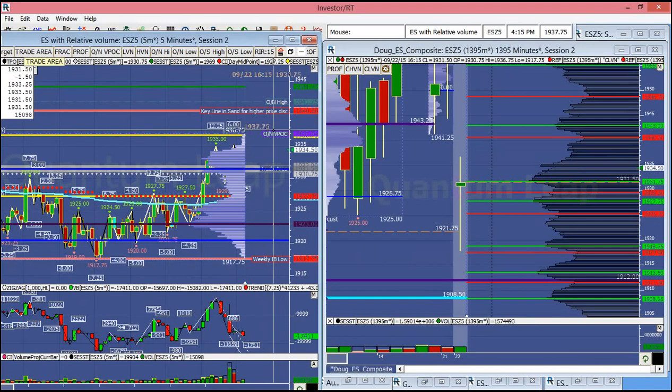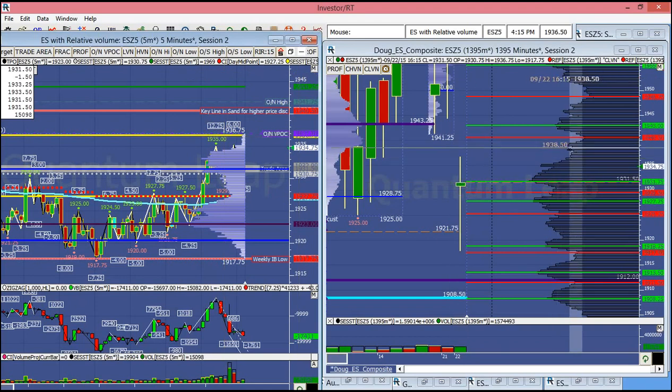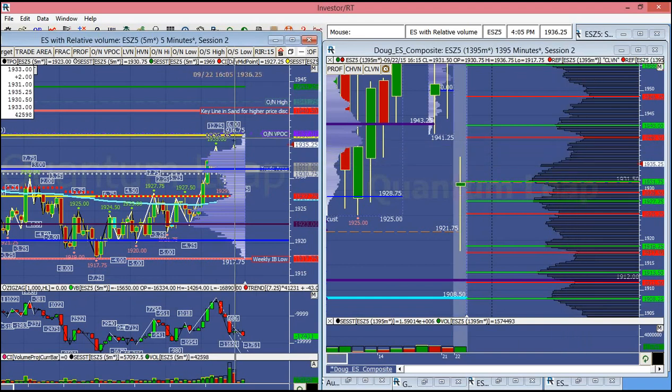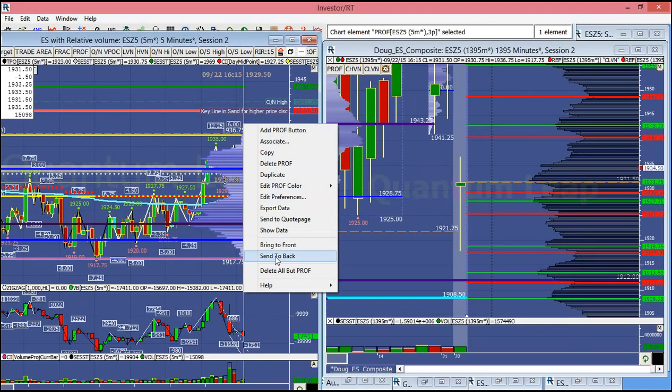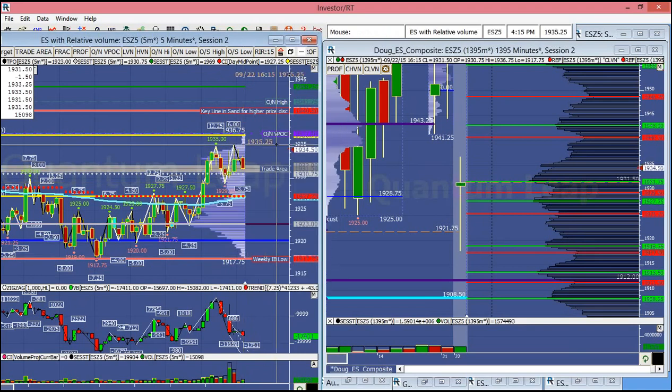And then above us is a little bit more convoluted, because we've got the overnight VPOC, our most traded price, at 37, and our range high from the RTH yesterday is 36.75. And there's really not much to guide us above that level. So basically, I'm going to use this closing swing high at 35.